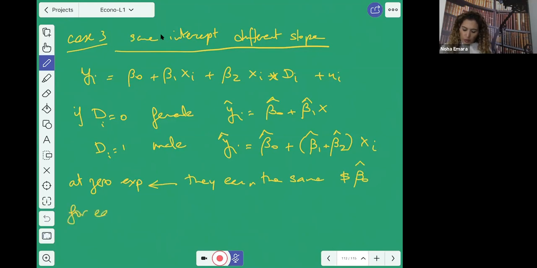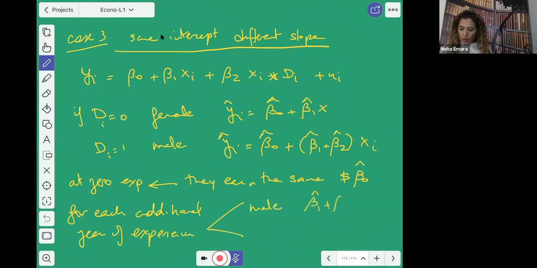And for each additional year of experience, we have 2 cases. For males, they earn beta hat 1 plus beta hat 2, and for females, they earn just beta hat 1. Okay, so that means we have the same intercept because they earn the same at 0, but we have a different slope because for each additional year of the continuous variable, which is experience, they earn differently.